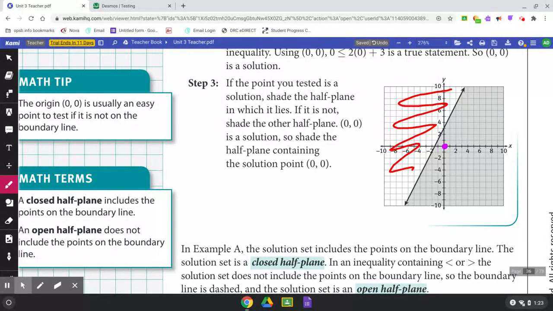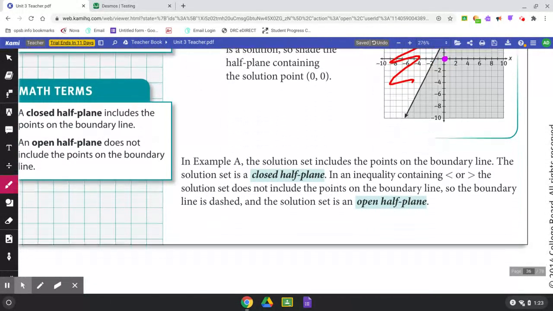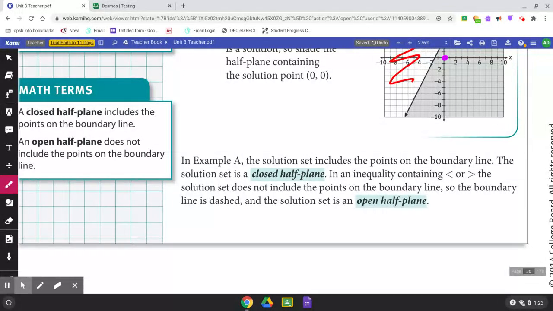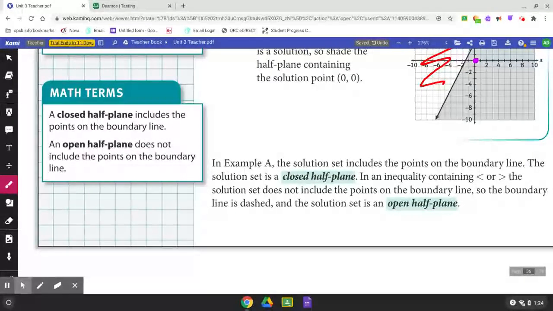Okay. In example A, the solution set includes the points on the boundary line. The solution set is a closed half plane. In an inequality containing less than or greater than, the solution set does not include the points on the boundary line, so the boundary line is dashed, and the solution is an open half plane. So this math term over here is a summary of that paragraph.